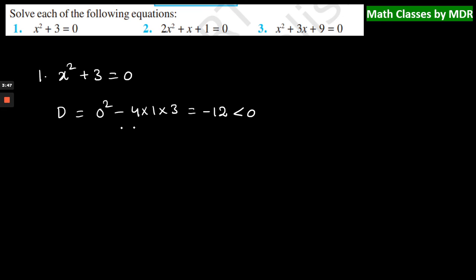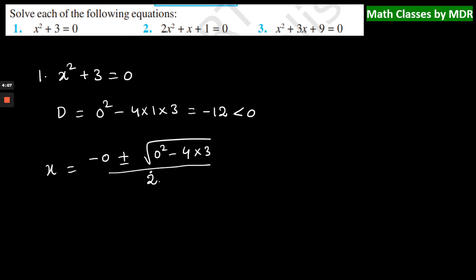If the discriminant is less than 0, it will have imaginary roots. So x equals minus 0 plus or minus square root of 0 square minus 4 into 3, by 2a. 2a is 2.